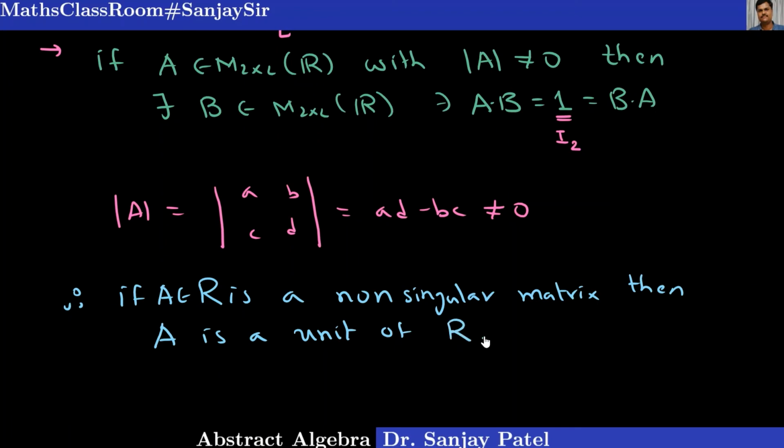So what are the units in the ring of matrices? All those matrices which are non-singular. Non-singular means whose determinant is not 0.